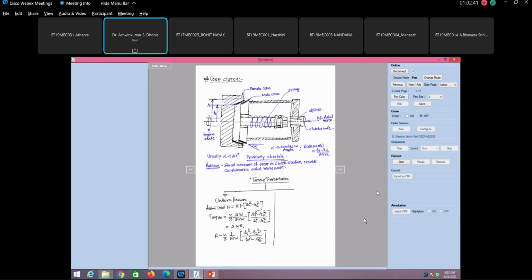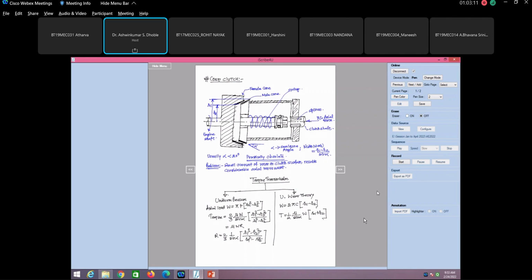Then according to the uniform wear theory, W is equal to 2 pi C in bracket R1 minus R2. Torque T is equal to 1 by mu divided by sine of alpha, W in bracket R1 plus R2.